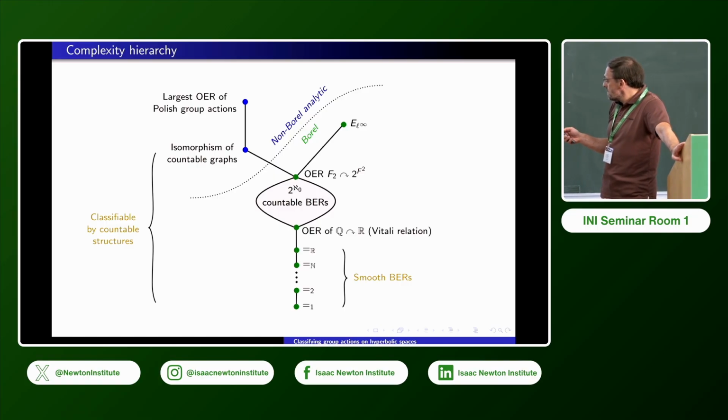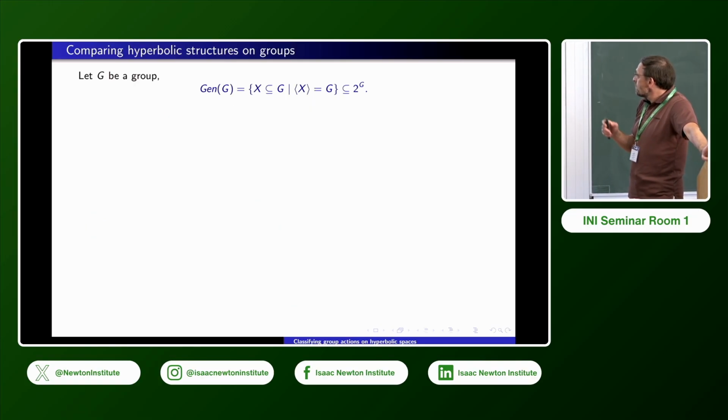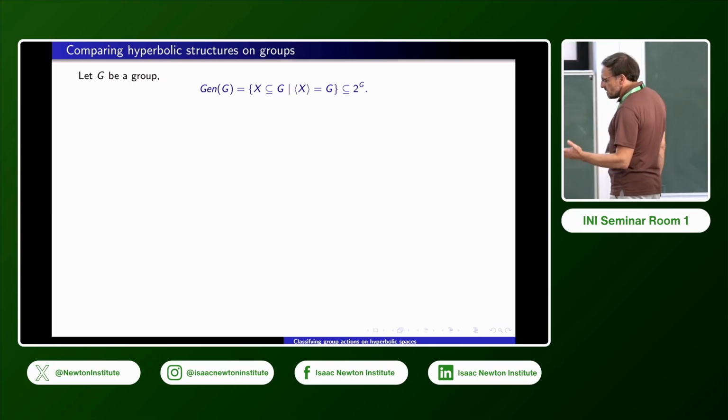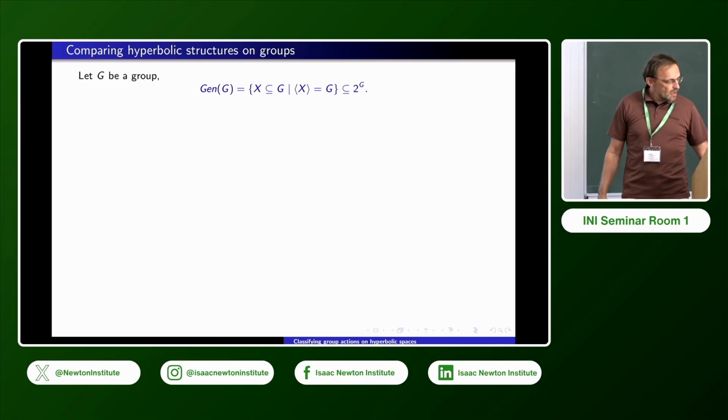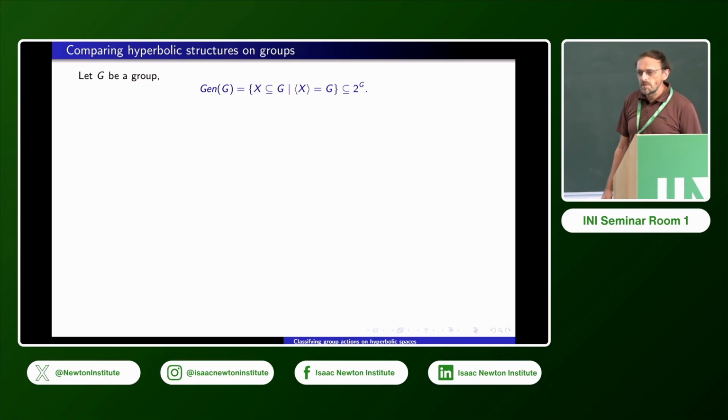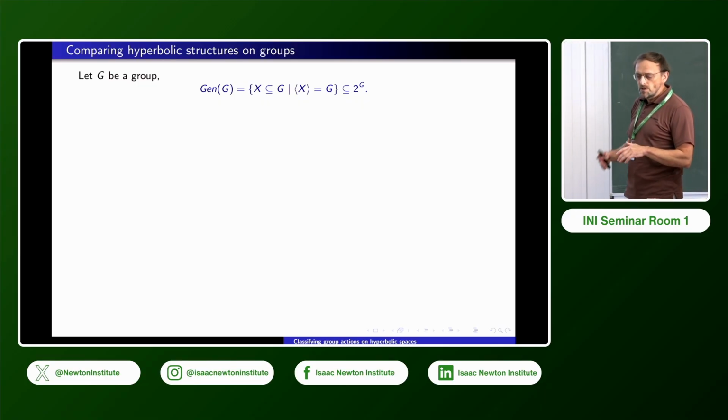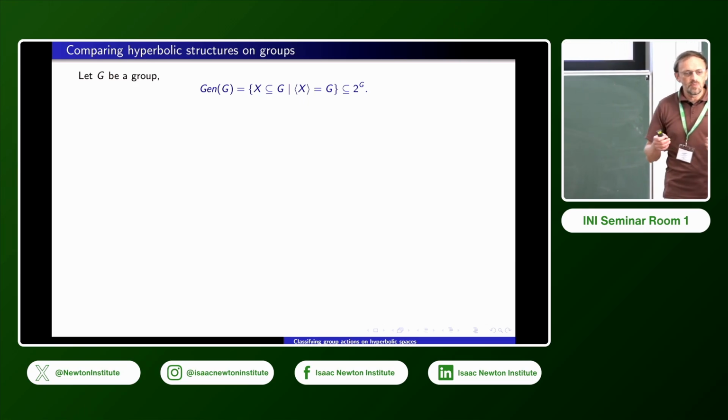Okay. So that was some background from descriptive set theory, and now if you want to formalize the classification problem I mentioned in this setting, we need to define a topological space corresponding to group actions on hyperbolic spaces.